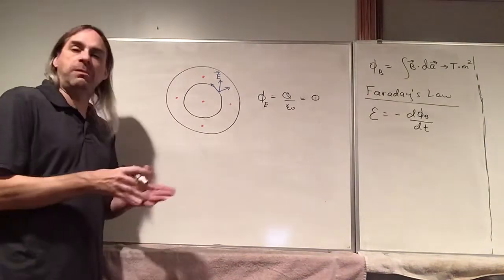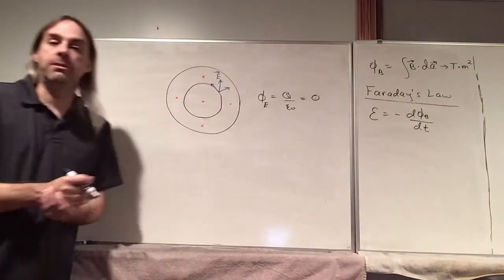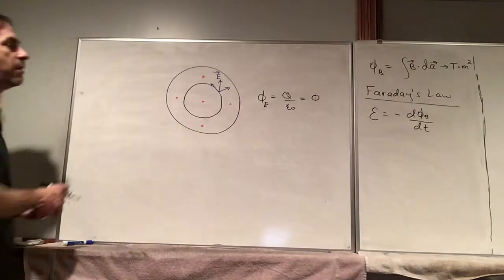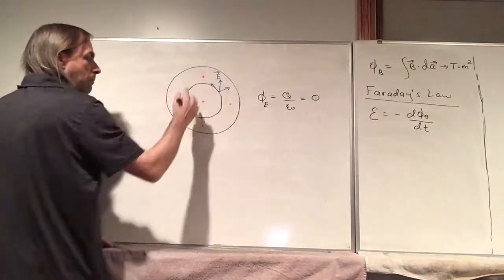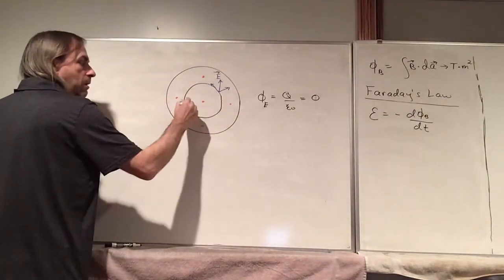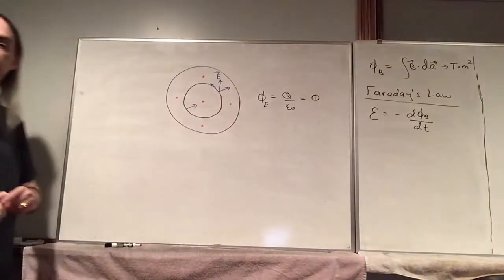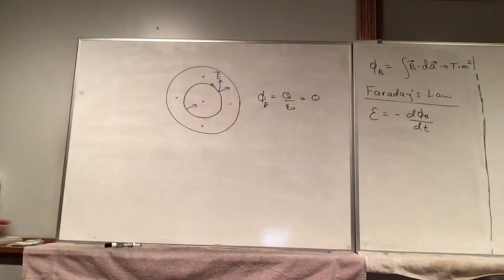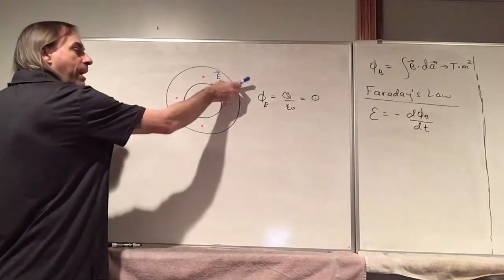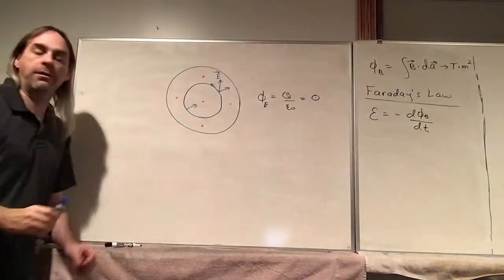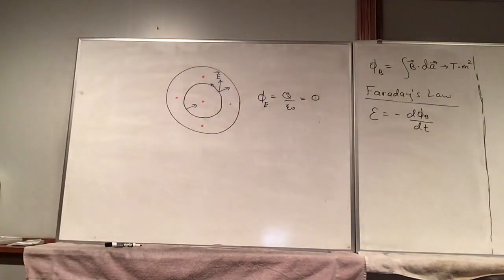Now, just to be clear, we're making some assumptions about symmetry. What if the electric field was like this? What if over here, we had an electric flux inwards? Then these two could cancel out, and we could still have zero electric flux, if at some point we had a radial component outwards, but at other points we had a radial component inwards.